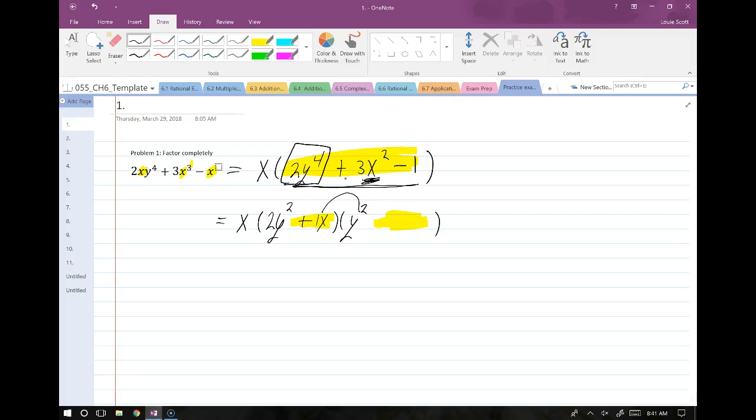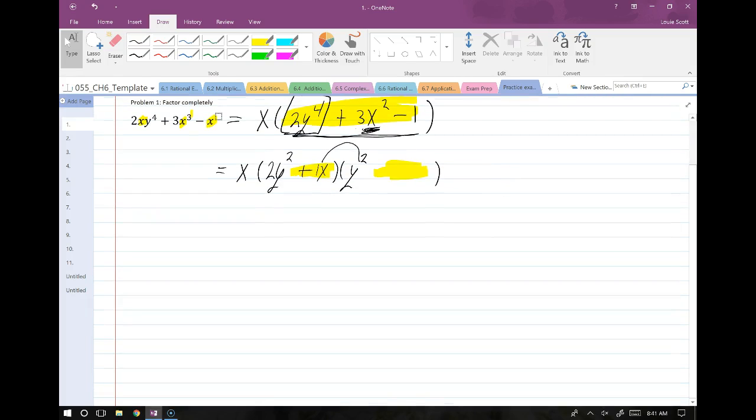Something that might be factorable if it had all these x's and y's in it would be something like 2y to the fourth plus 3xy plus, I don't know, 9x to the fourth or something like that. That one would be worth doing brute force or factor by grouping to figure out what's going on with it, because we have this middle term with the x's and the y's. And actually these would be squared, I think, in this case.